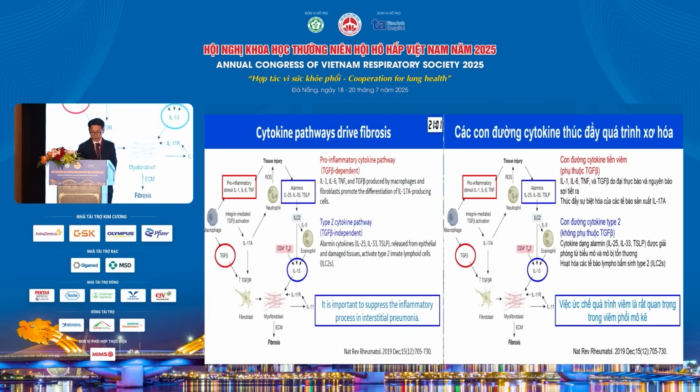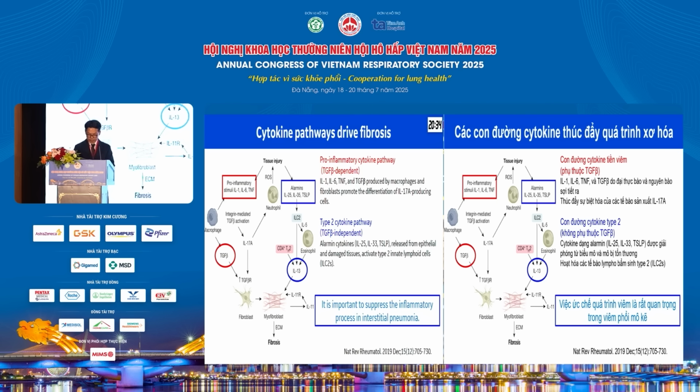There are two main cytokine pathways that cause fibrosis. The first one is the pro-inflammatory process, stimulated by IL-6 and TNF. These cytokines are associated with TGF-beta, and this main pathway is involved in interstitial pneumonia, activating fibroblasts.